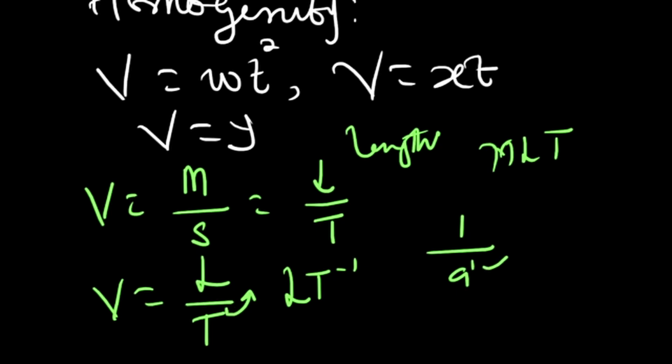So when you take away this a to the power 1 from the denominator, it now becomes a to the power negative 1. So if it were a positive 2 down here, when it goes up, it becomes a negative 2. If it were a negative 2 down here, if you take it upwards, it becomes a positive 2.